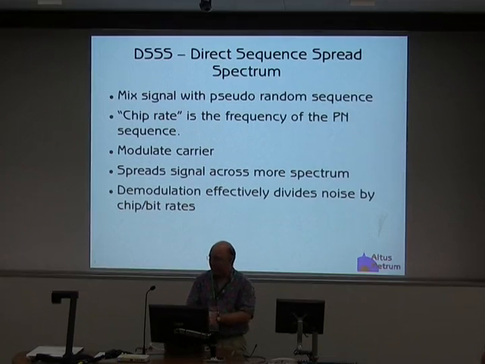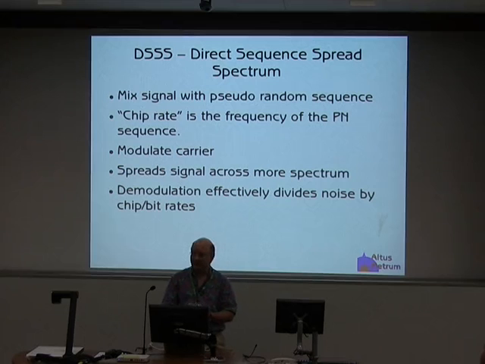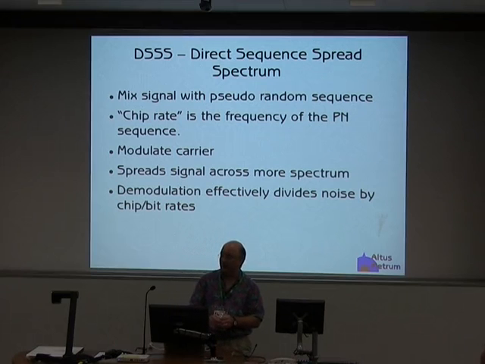Okay, what's another really common modulation technology? It's called direct sequence spread spectrum. People have heard of that? Yeah. It's a fairly simple technology. You take your signal with a pseudo-random noise sequence, usually at a much higher frequency than your signal.